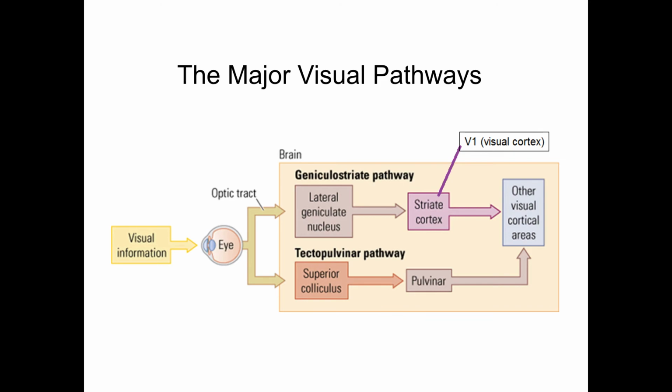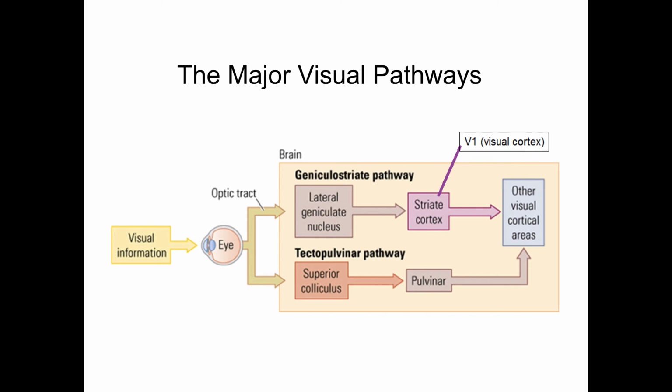Okay, so let's go over a little recap. I know this was a lot of information. I highly recommend pausing and reading through it, or going back and rewatching this. Light goes into the eye and hits the back of the retina first. Then from the photoreceptors, it goes to the bipolar cells and to the retinal ganglion cells.